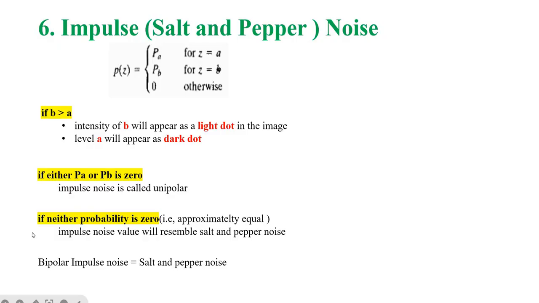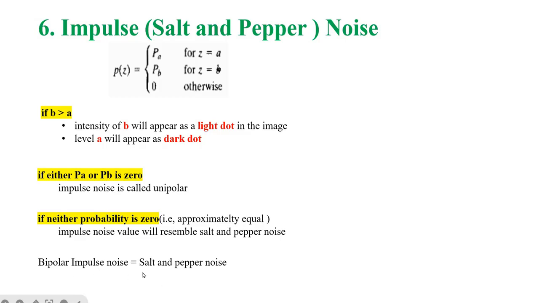And here the salt and pepper noise is also called bipolar impulse noise. Why? Because you will have small granules distributed over the image, that is, some black dots and white dots, because of which it is also called bipolar impulse noise.